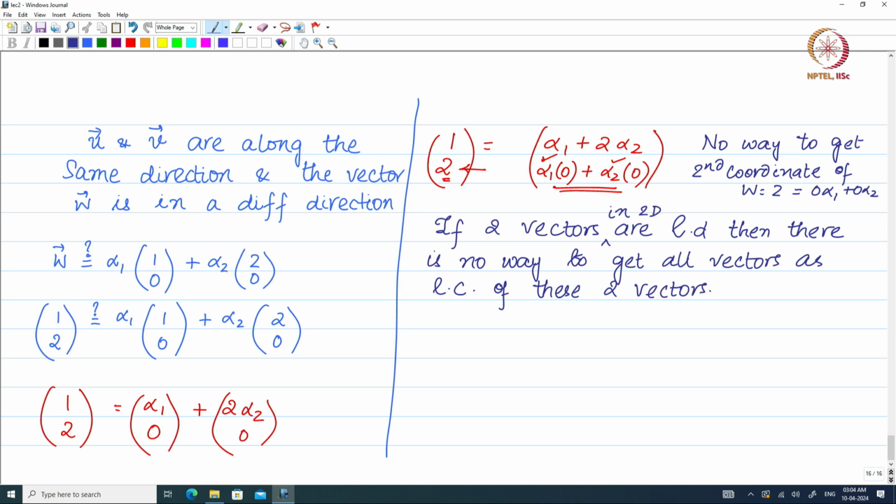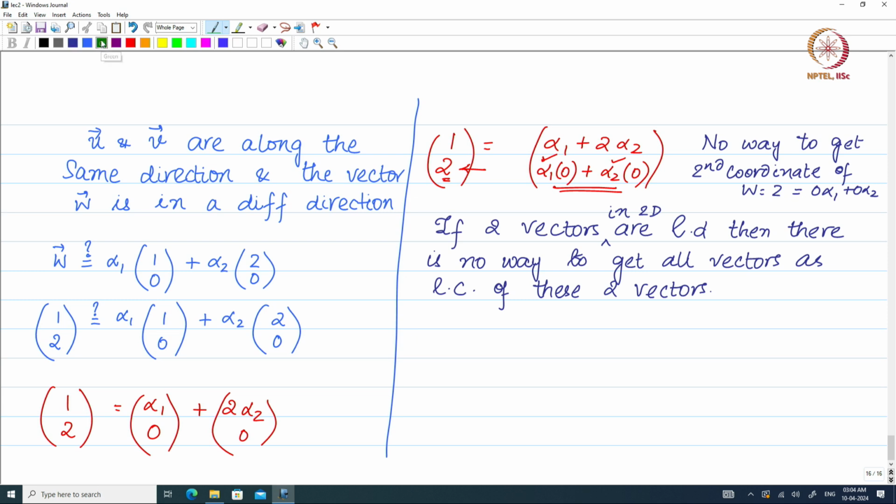So, that is the problem with linearly dependent vectors. There is no way that you will be able to get all vectors in 2D, basically your xy plane, let us assume it is the x1 x2 plane, as linear combinations of two linearly dependent vectors.